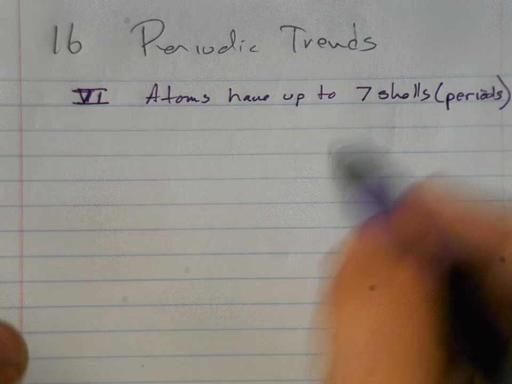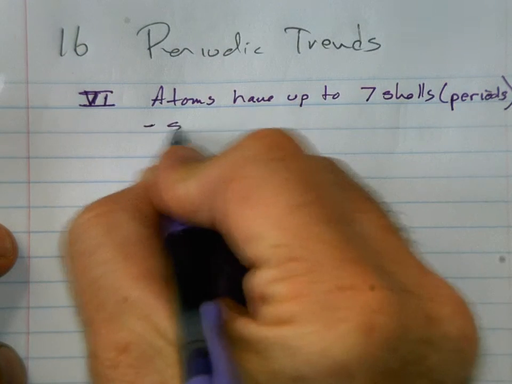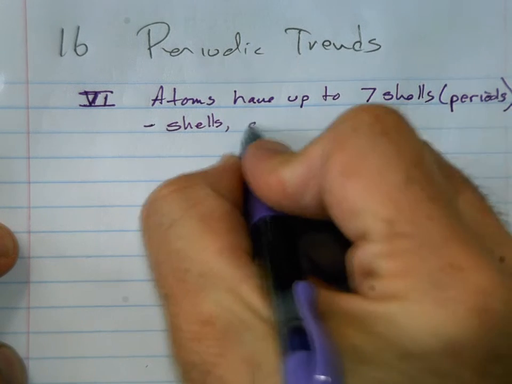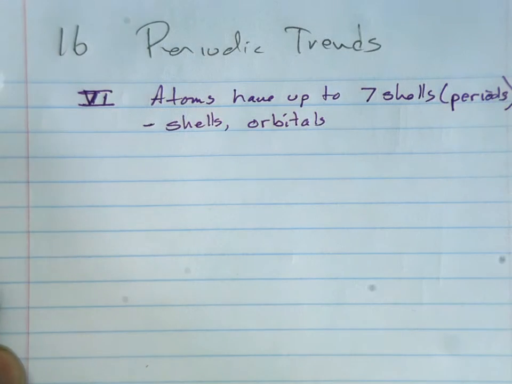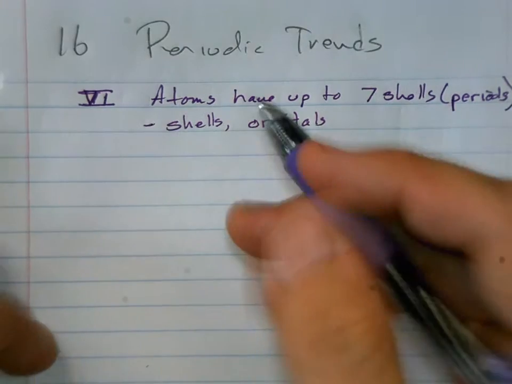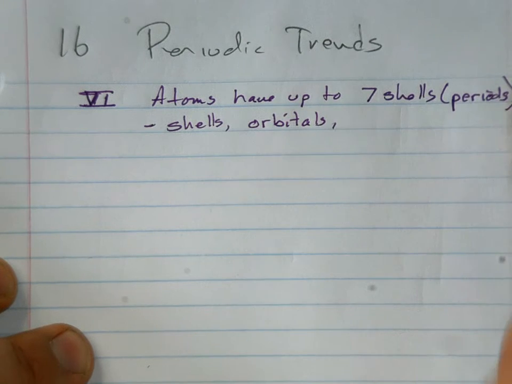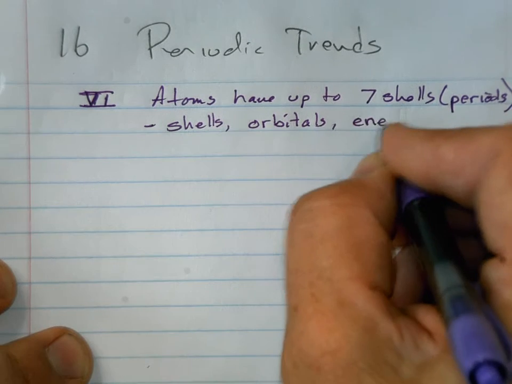Okay. Now, these shells can be called shells. They can also be called orbitals. As atomic theory evolved, they went from the idea of a shell to there's different shells, and then when they started to realize there was different amounts of energy to hold an electron in, they called them energy levels.